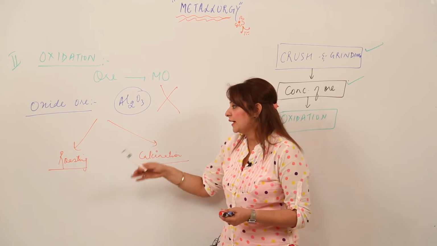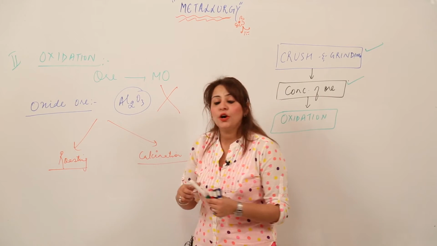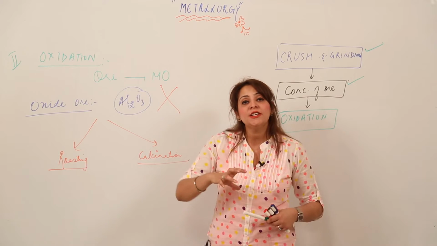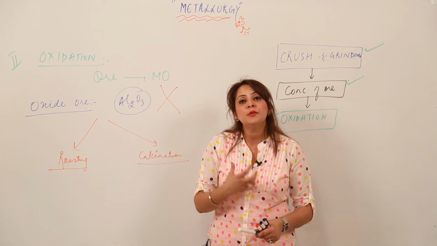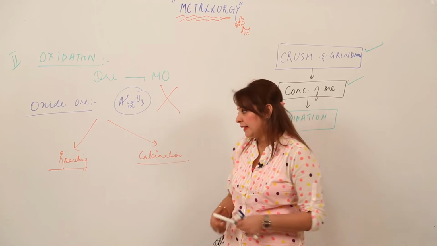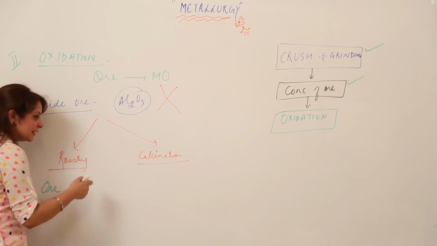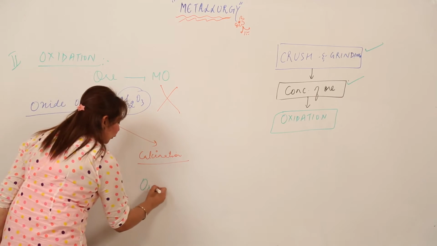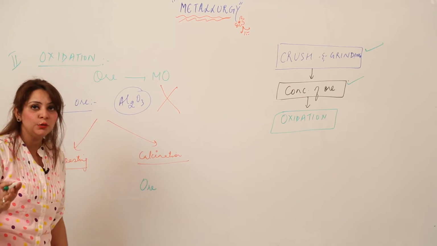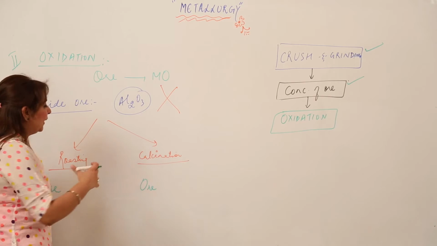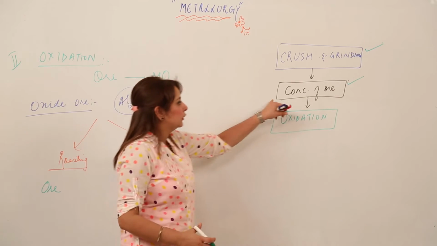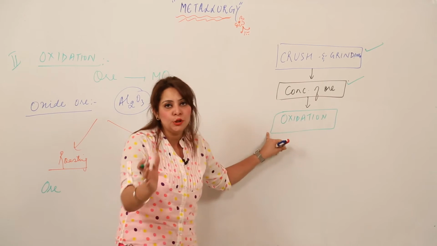So, what is actually roasting and calcination, or what are the similarities, the general procedures which are done in the roasting and the calcination? In the roasting, we take ore. Similarly, in the calcination we take ore, and that ore should be concentrated. You know that we have to make it go through the first step, then only we can do the oxidation, right.